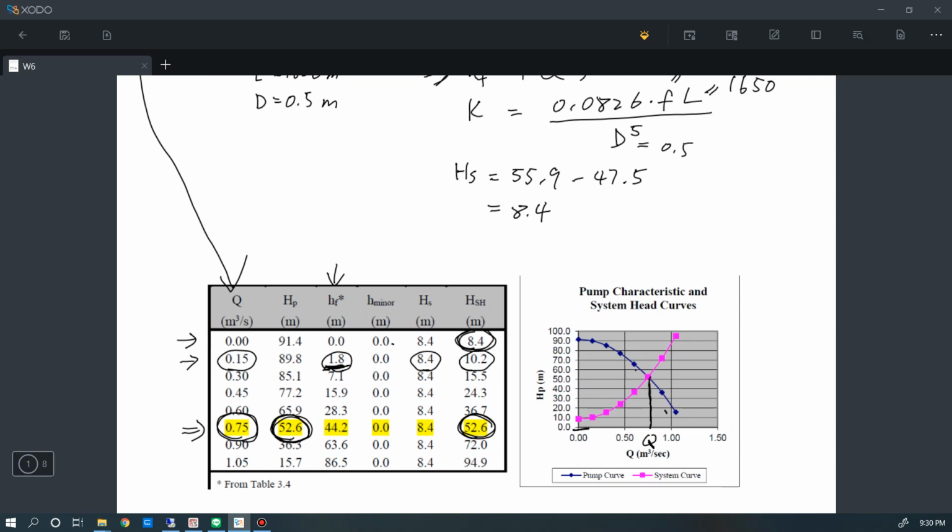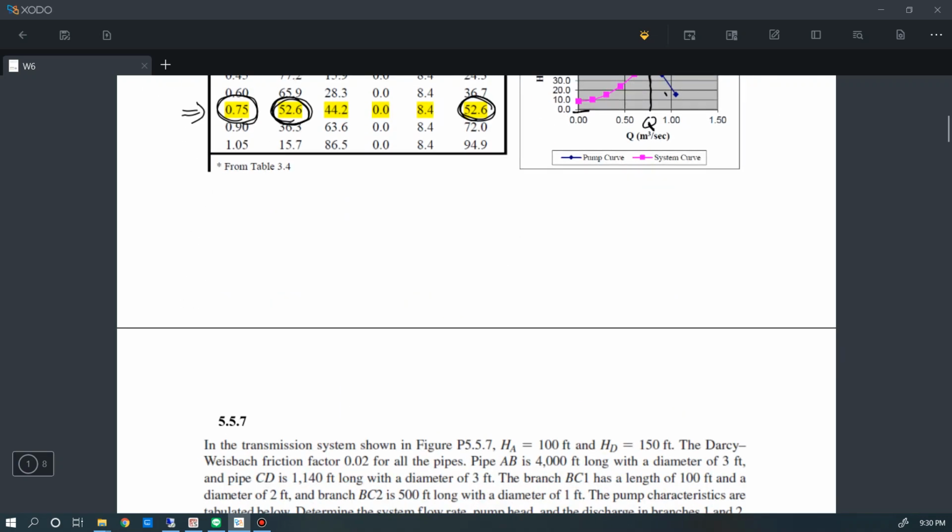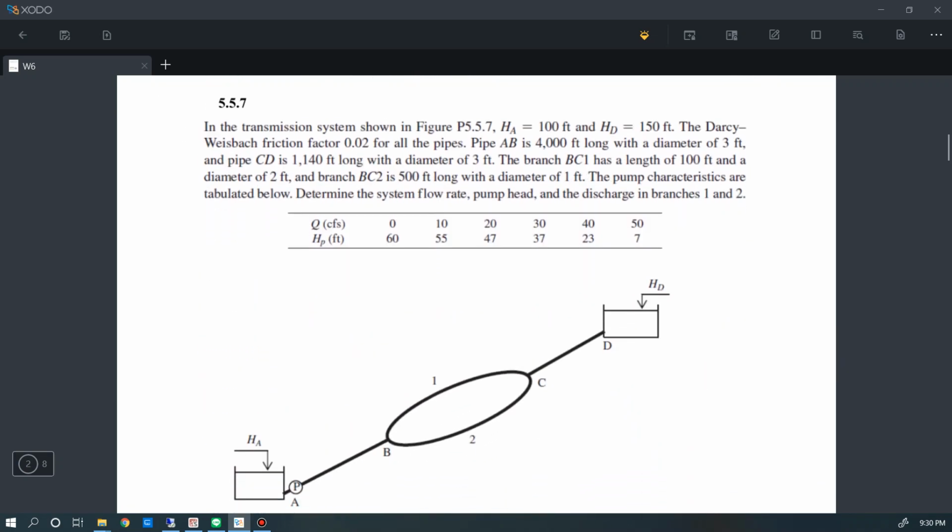Now, let's move on to the next problem, 5.5.7. So here it's really similar to the previous one, but here we have a different section of the pipeline. In the middle section, we have two branches.